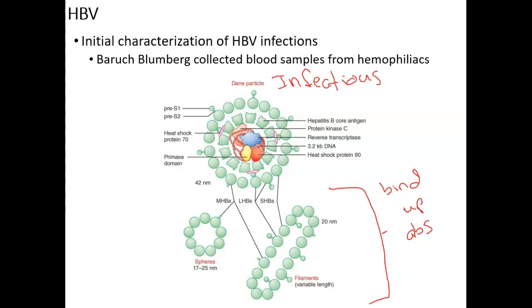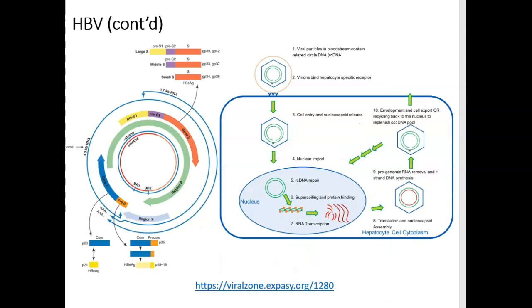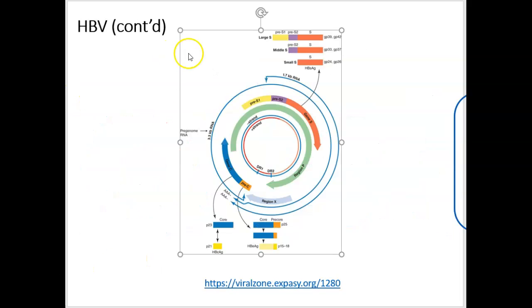If we look at the replication cycle here, let me adjust this so we'll start off talking about the genome. The genome is partially double-stranded. So we've got a double-stranded region here, and this part is single-stranded. This is an incomplete genome because it was made through reverse transcriptase from messenger RNA as the virus was about to head out of the cell. So this is what you get.